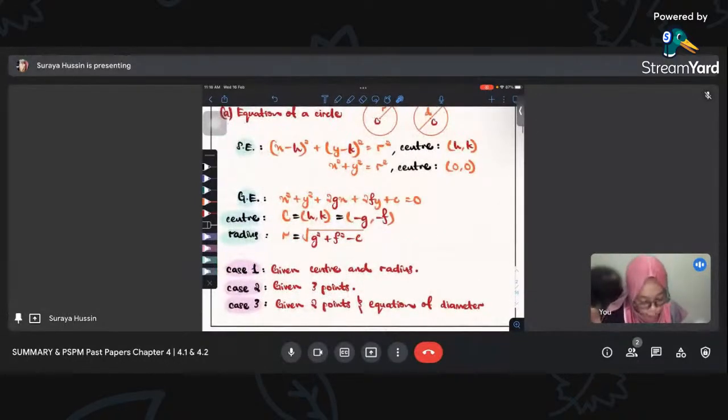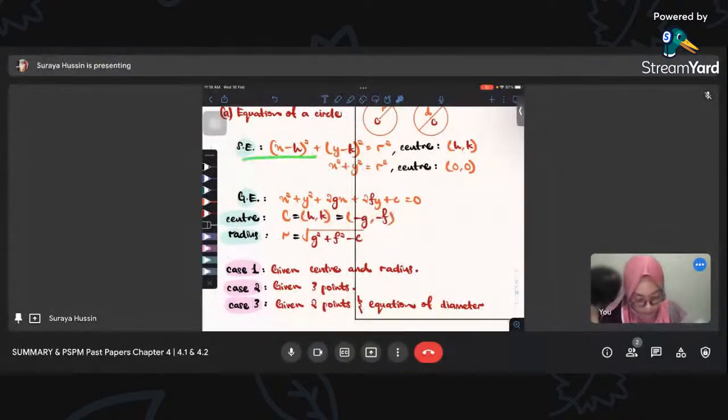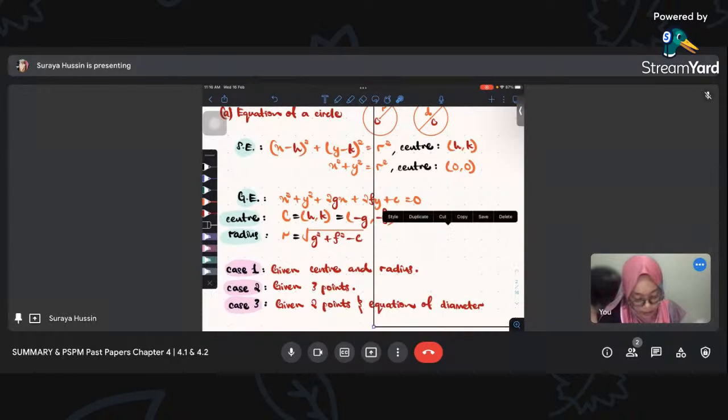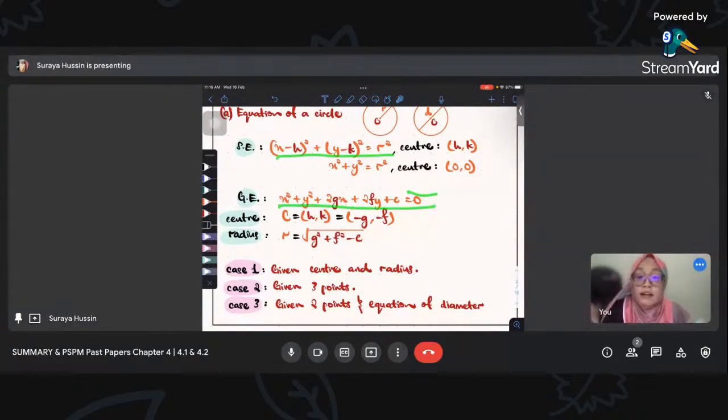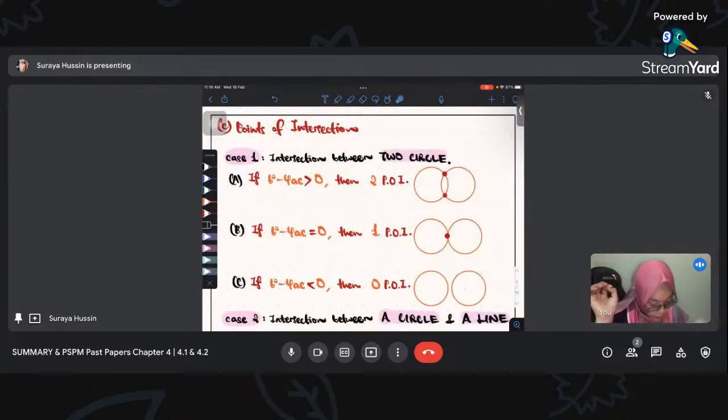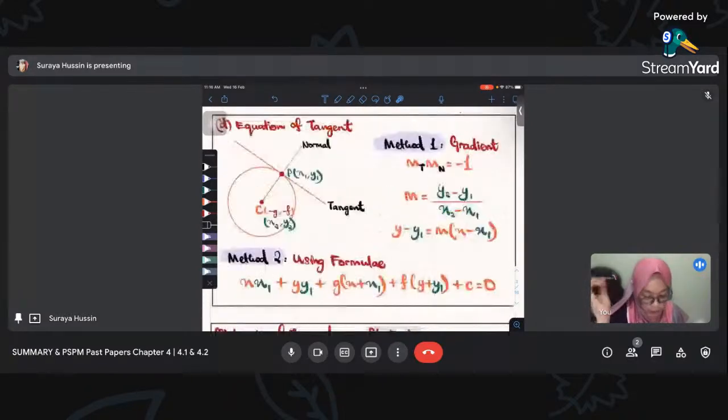So I can also find the equation of circle. Just remember these 3 cases and you will be fine.